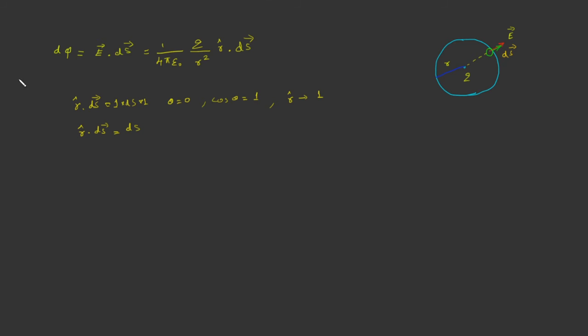So, this equation, that is electric flux d phi, can be written as 1 by 4 pi epsilon 0 Q divided by r square into r cap dot ds, which is simply ds. So, we got the electric flux d phi through that small area element ds is equal to 1 by 4 pi epsilon 0 Q divided by r square ds.